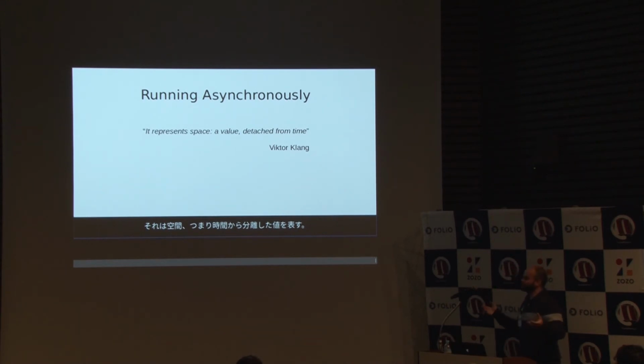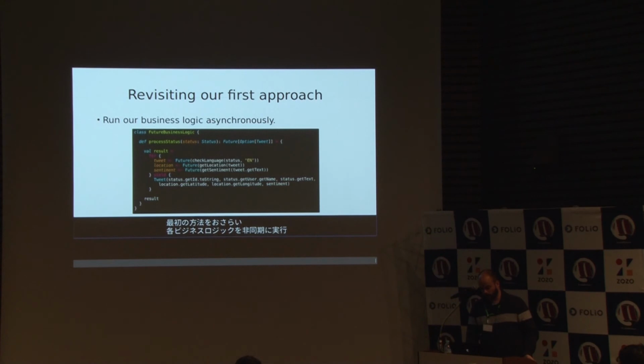But what it means really is just that at some point in time, we will obtain what we need from a computation wrapped in a future. So basically what we want to do now is wrap our calls to our functions that are calling some service into a future. It should be easy. I mean, we just want to run that asynchronously, right?